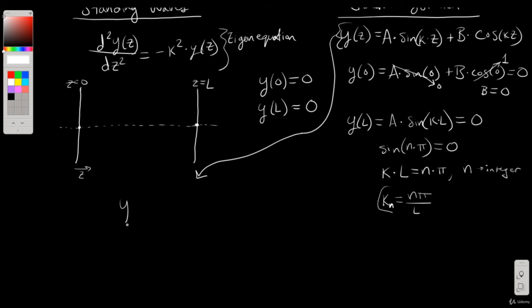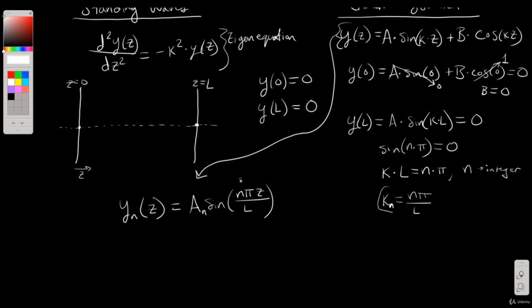We have y sub n, and I put the subscript n here for the same reason I put the subscript n on k, is equal to a sub n sine, and I'm going to put this n here because you'll see that the amplitude can be different depending on how you ultimately solve for it, of n pi z over L, substituting k sub n. And this is the ultimate form.